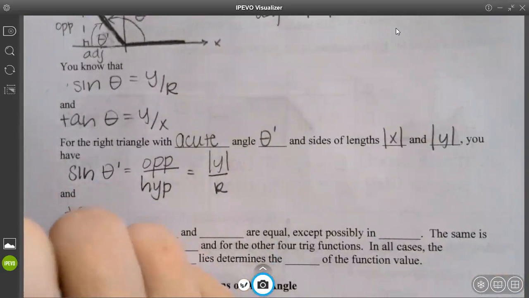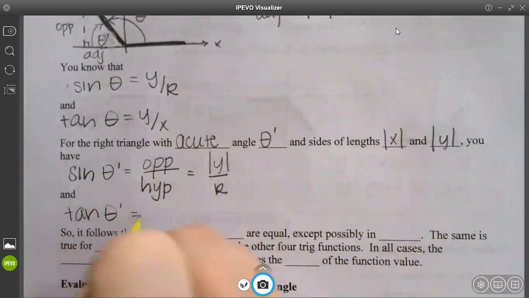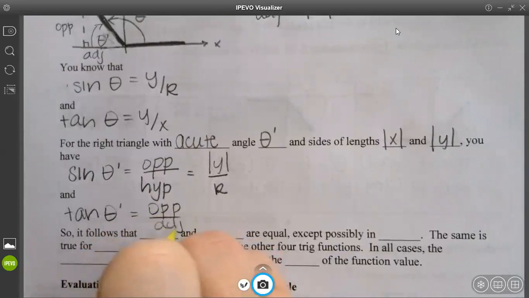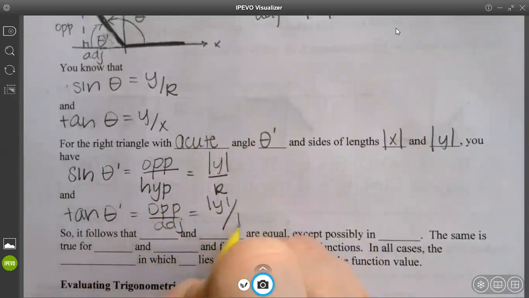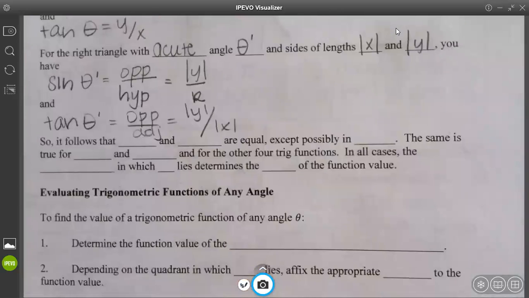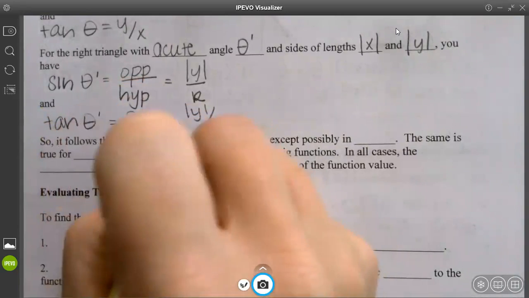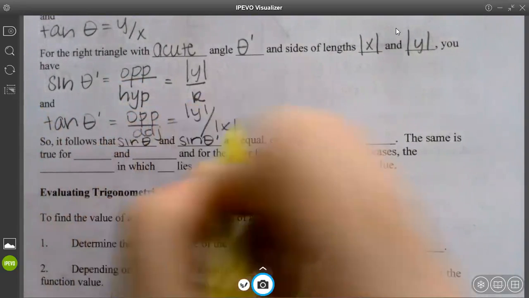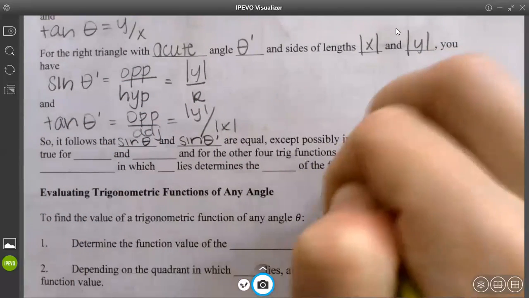For tangent, tangent is opposite over adjacent, which is y over x. But again, we're just putting absolute values on them. That's it. So it follows that sine theta and sine theta prime are equal, except possibly in sign.